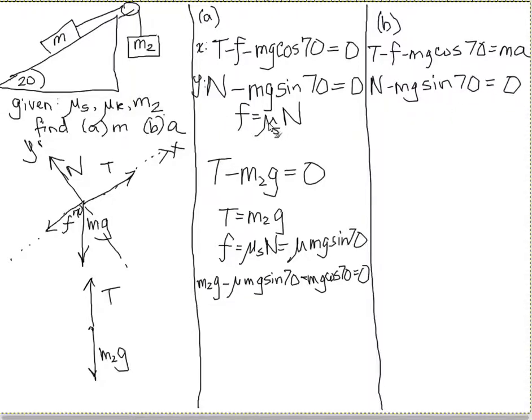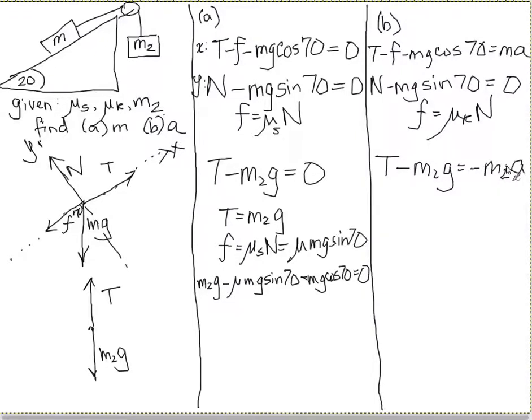And this one becomes friction equals mu sub k times the normal force. As this one here goes up, this guy's going to go down. So that's T minus m2g is equal to minus m2a.